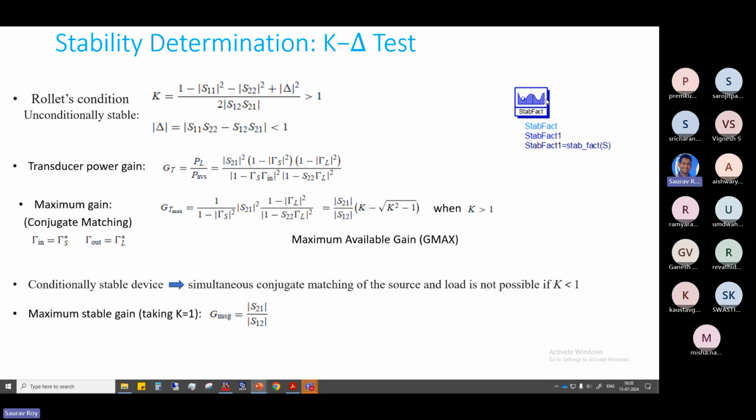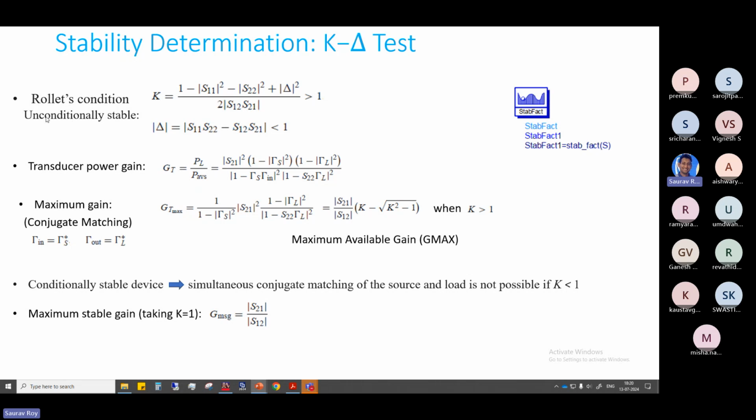Most of these things, gain, stability and stability circles, have a default option. You can just click on it and plot it. So your task is more about understanding and analyzing. You don't have to plot anything yourself. And as I told you, there are multiple gain plots here. Which one is important, you have to see.